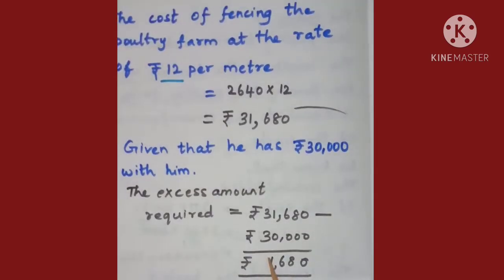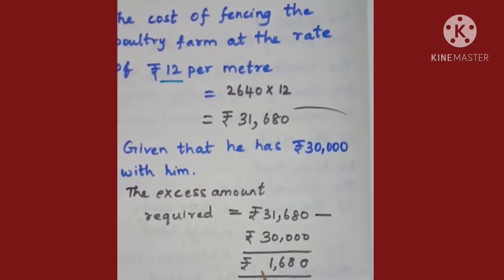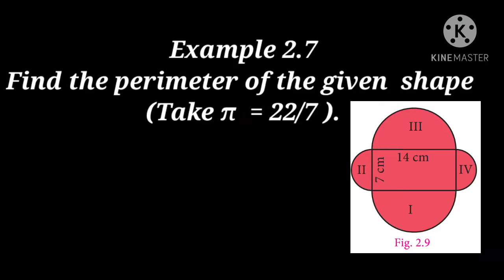So the more amount needed to fence his farm is 1,680 rupees.